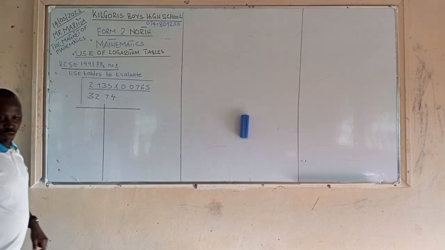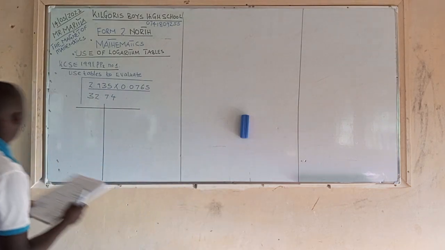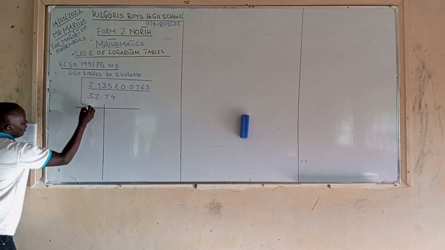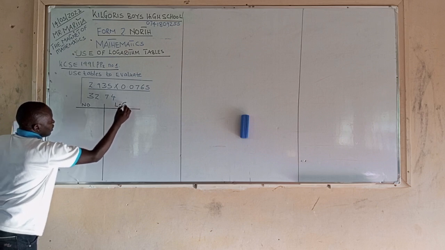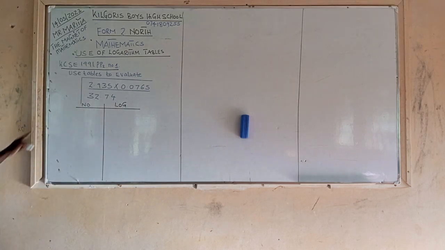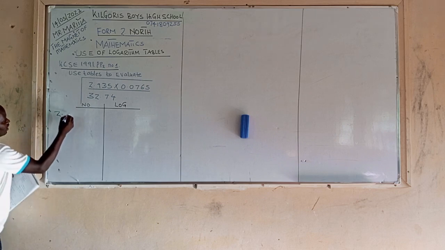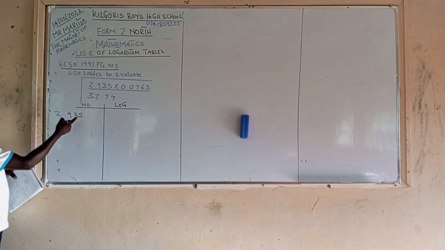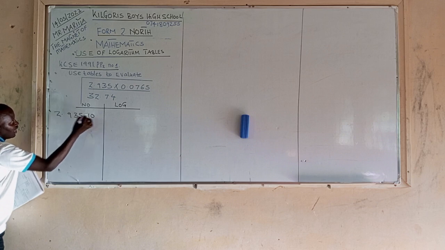So we have the number here, and then here we talk of the log. We started with 2.935, expressing this one in scientific form, so this one times 10.